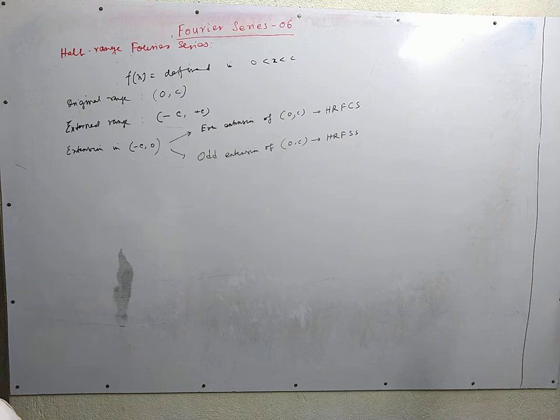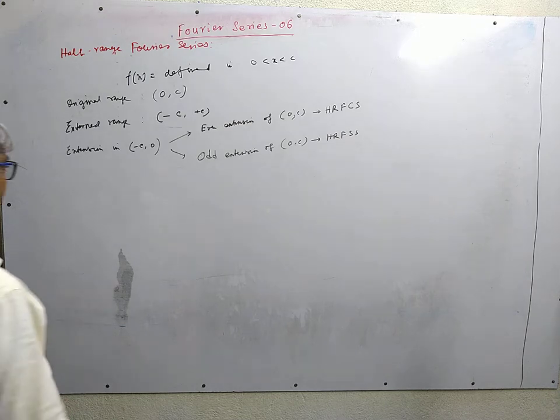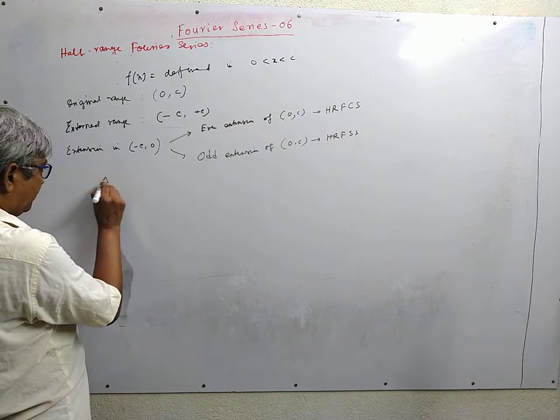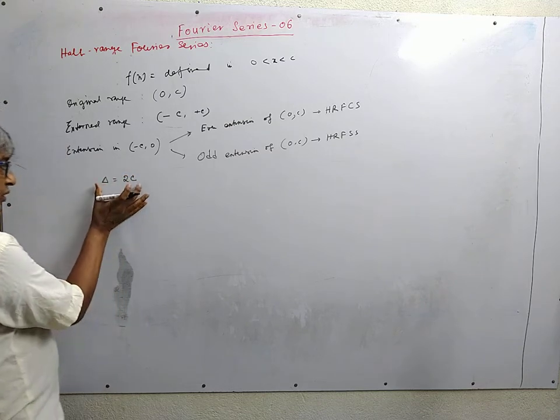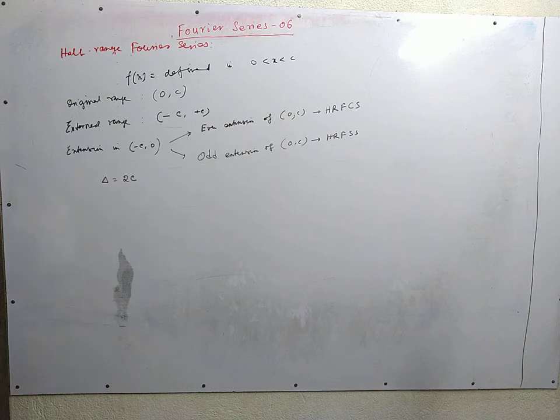Note that whenever we calculate the quantities, the delta will be 2c, not c. The calculation has to be performed with this. That is, in half range series, half of the range is supplied and one needs to extend the other half, the lower half, and the lower half can be extended in any way, even or odd extension of the original interval.